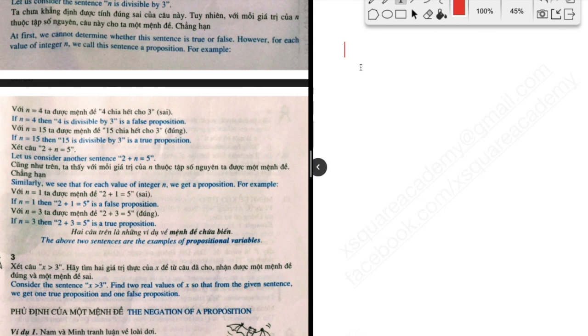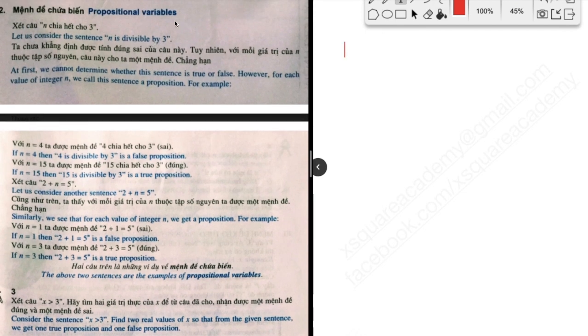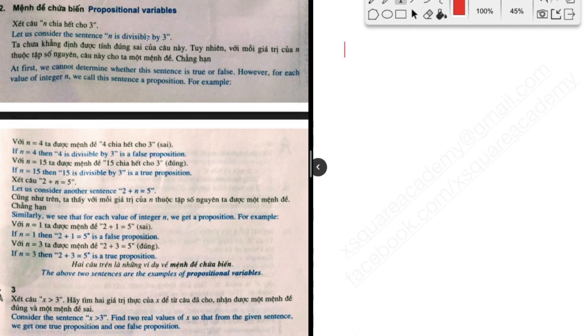So we call n is divisible by 3 a propositional variable, right? Okay, and here is another propositional variable: 2 plus n equals 5. Let us consider it similarly to the propositional variable above.